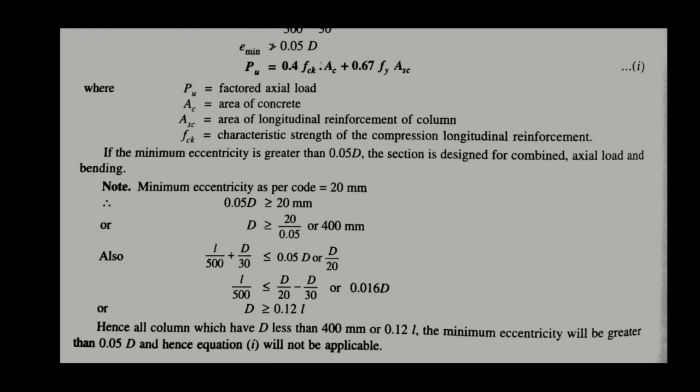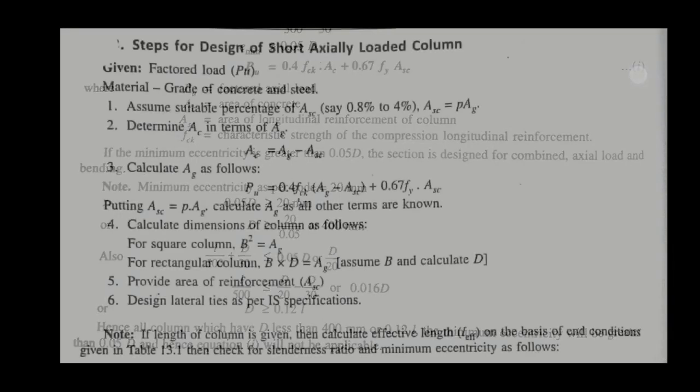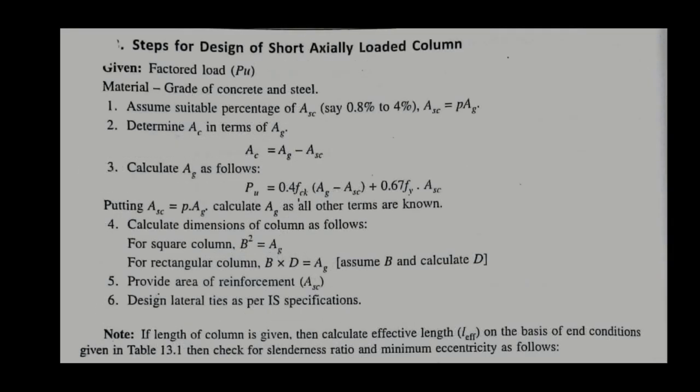Now check out the design steps. How could we design? Now steps for axially loaded column. If factored load Pu is given and the grade of concrete and steel, first assume a suitable percentage of area of steel Asc.